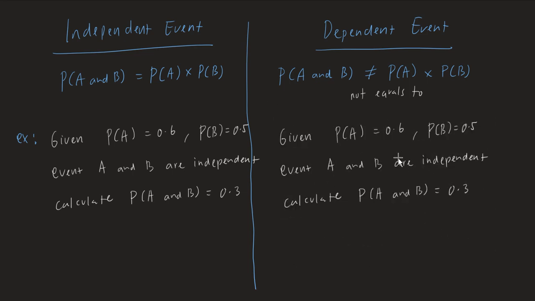Okay, given probability of A 0.6, probability of B 0.5, event A and event B are dependent.